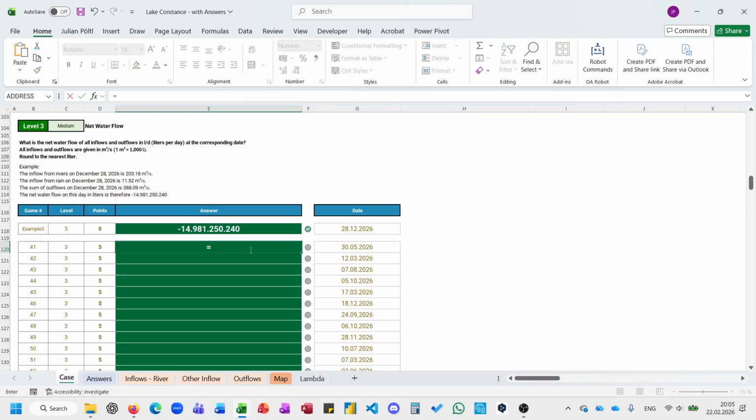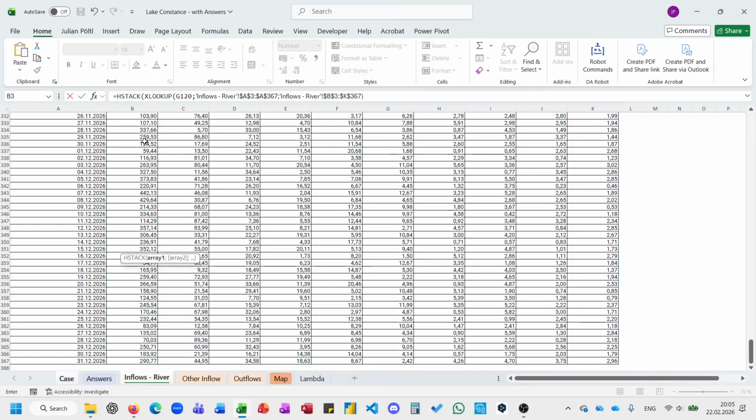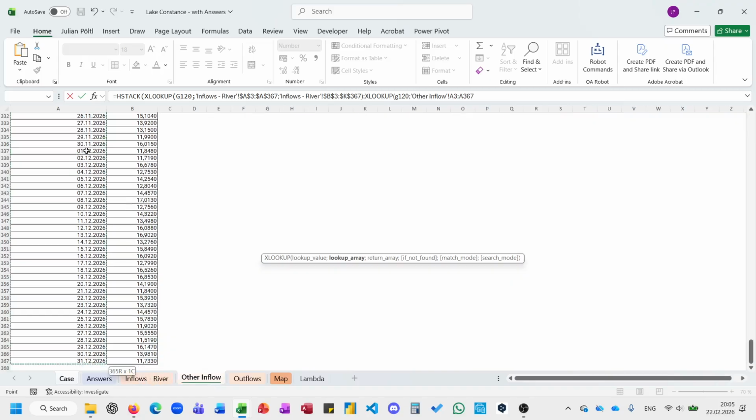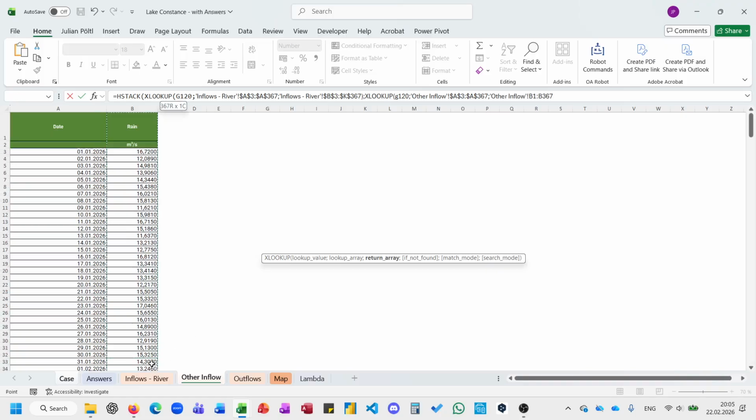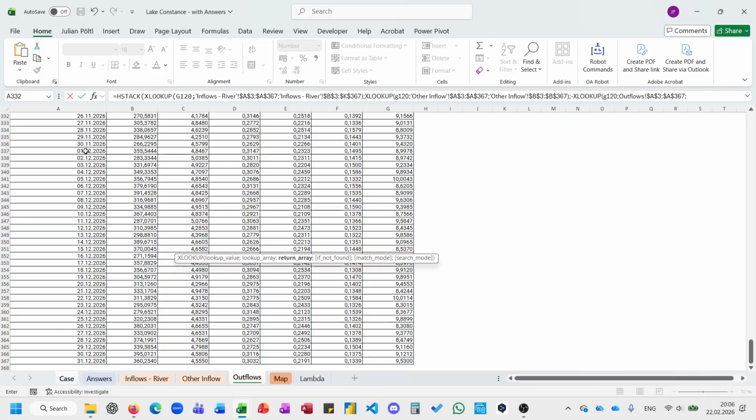Okay, so basically I do the following. I use HSTACK and then XLOOKUP at this date for all inflows, then XLOOKUP at the date for the rain inflow, and then minus XLOOKUP for the date, so G120, at those dates.